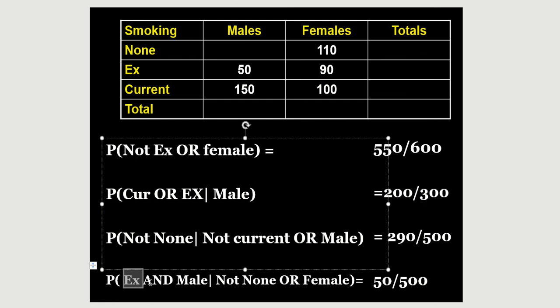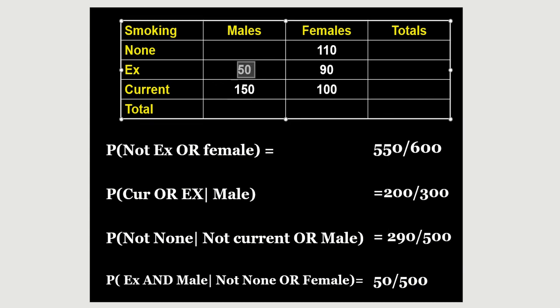And now the probability is ex-smoker and male. It's an intersection, ex-smoker and male. Meaning an ex-smoker and male is just this 50. So it's 50 over everything else, and if you add up everything else, you're going to get 500, and that is exactly the answer, 50 over 500.